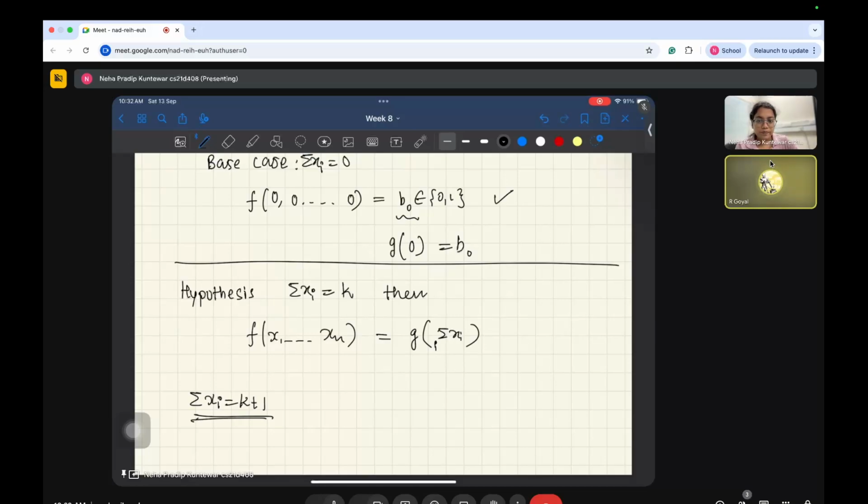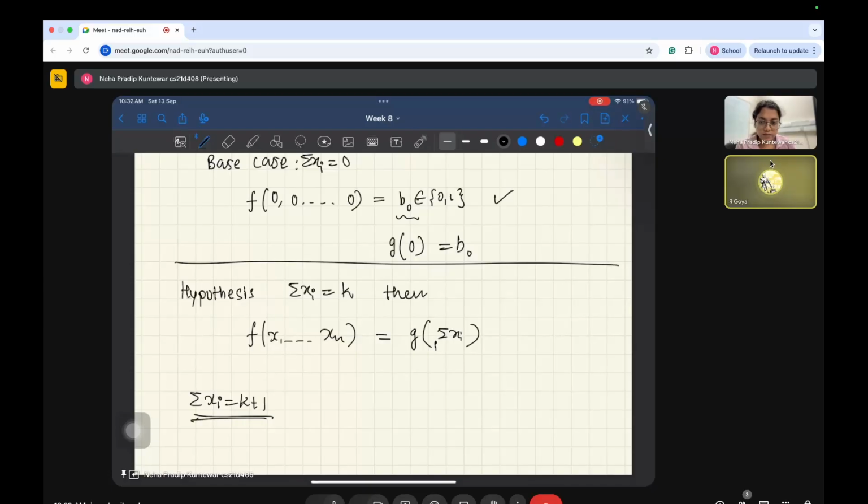If I include a 0, that is not going to alter the summation, and probably will not alter the value of the function f as well, because the value of f is for x1 till xn, and if I add a 0, since it will not change the number of ones, it is not going to change the value of the function f either.